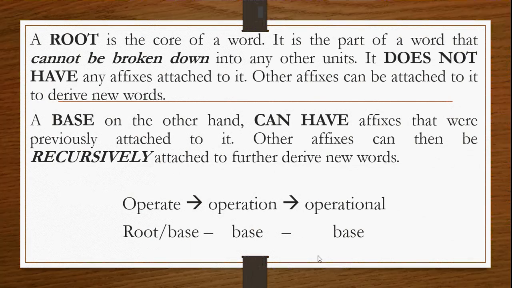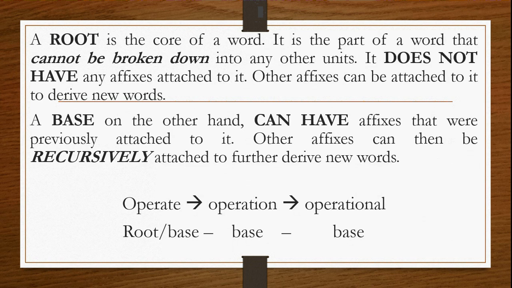All right, so here's an explanation of what I just told you, but with an example. A root is the core of a word. It is a part of a word that cannot be broken down into any other unit. It does not have any affixes attached to it. Other affixes can be attached to it to derive the word, but a root, at the beginning, doesn't have any affixes attached to it.